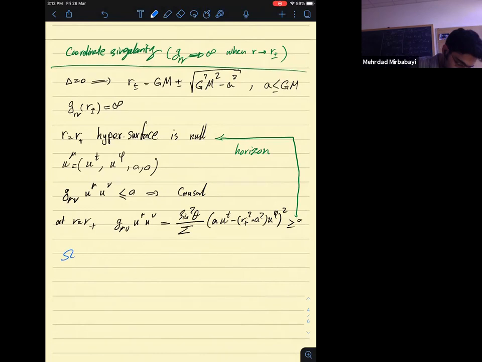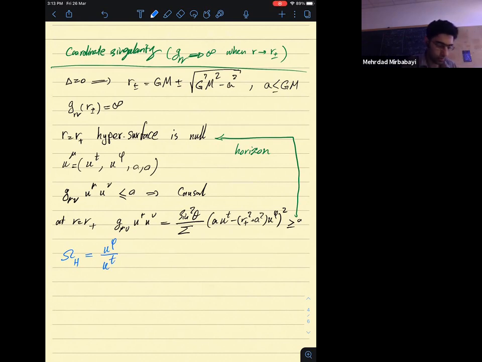That allows us to define what is usually called the angular velocity of the black hole. The angular velocity of the horizon is defined by finding the angular velocity, as would be defined by the asymptotic observer, for these null generators of the horizon. So it is u^φ divided by u^t.